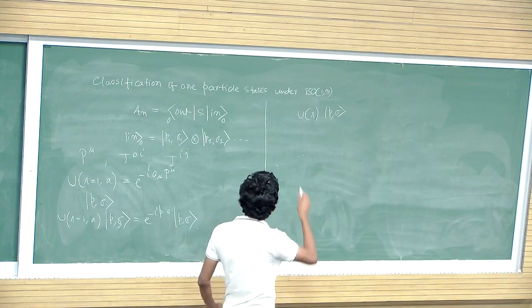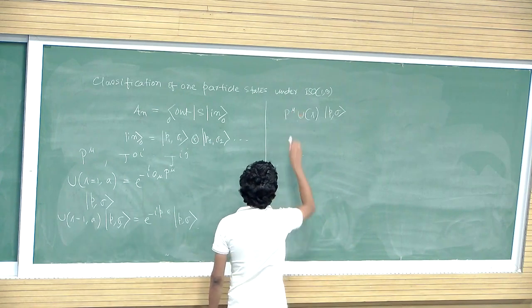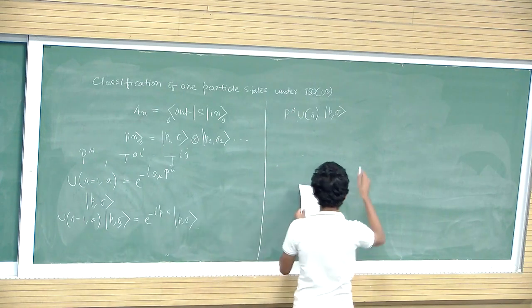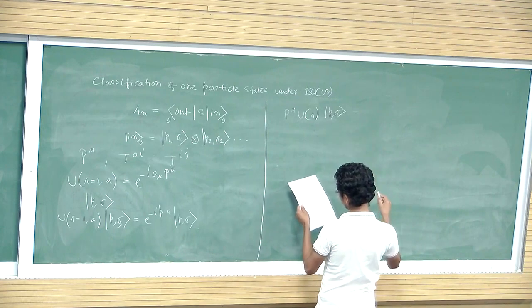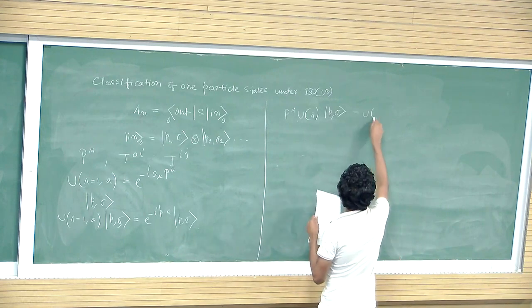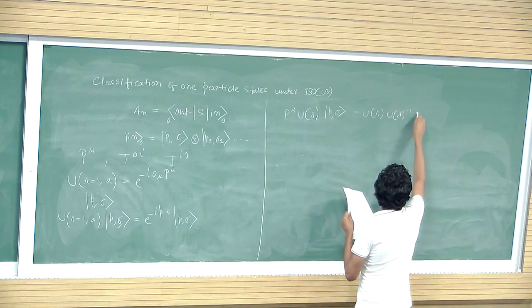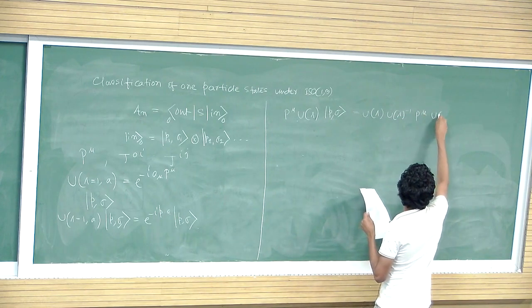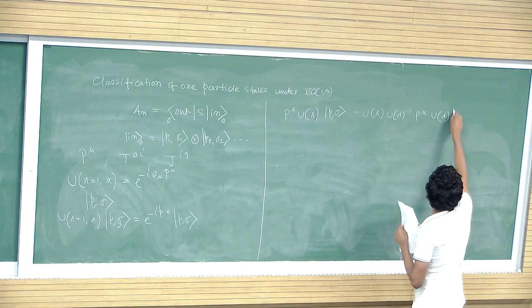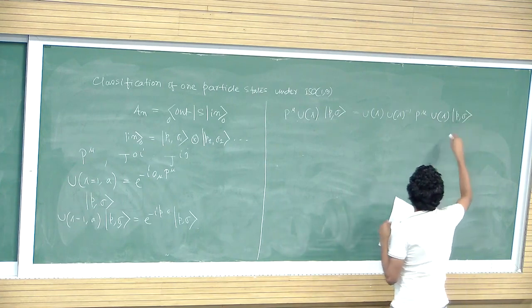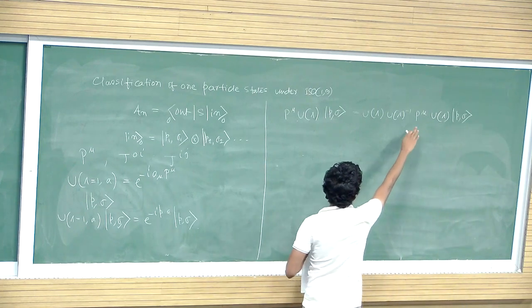To do that, suppose you apply this 4-momentum operator P^mu, then you can insert an identity operator, which is nothing but U(Lambda) inverse times U(Lambda). Now we know the Lorentz transformation of this 4-momentum operator.